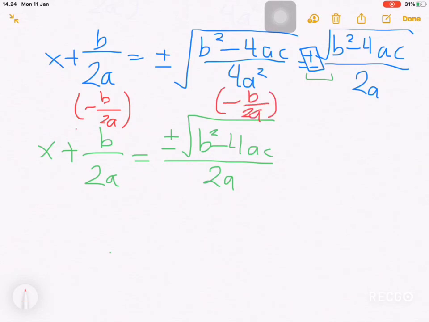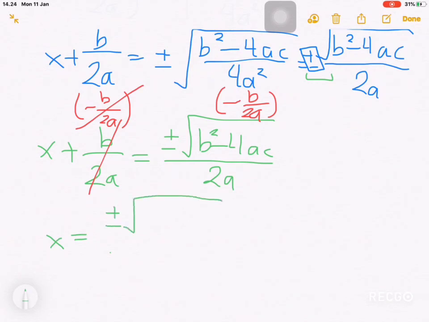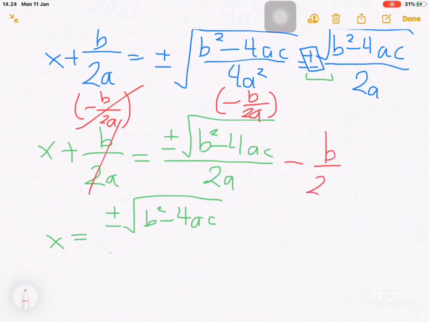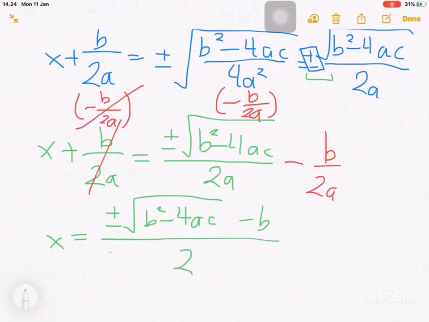So notice doing that, this and this will cancel, leaving us with x is equal to plus or minus the square root of b squared minus 4ac, over 2a, and we can just indicate minus b over 2a, and combine the fractions, so we write this minus b, all over 2a.